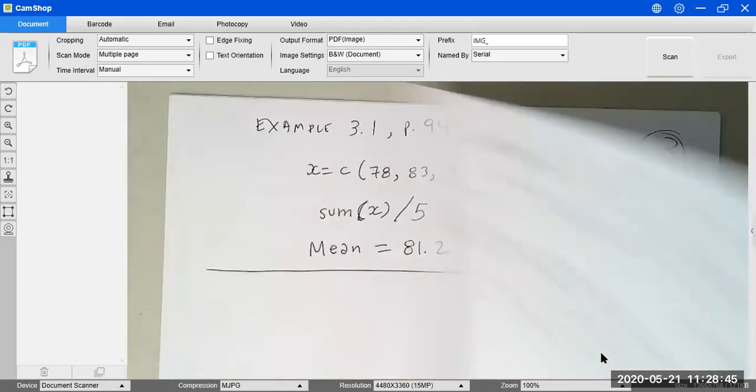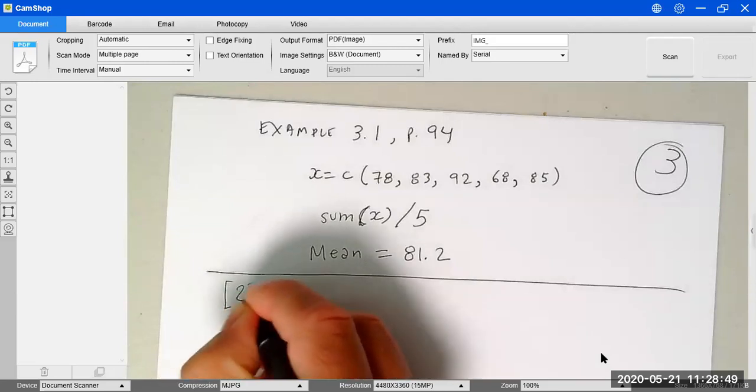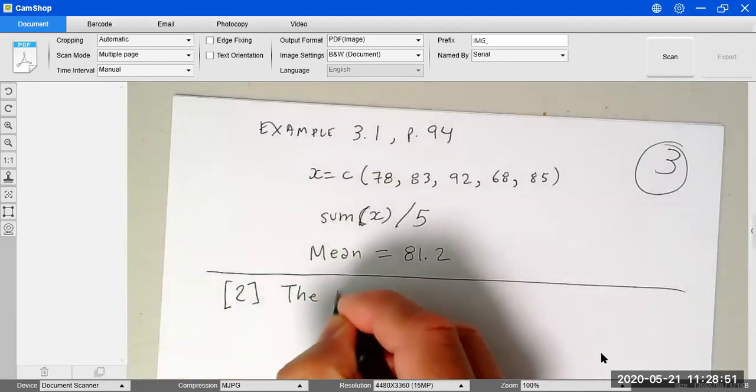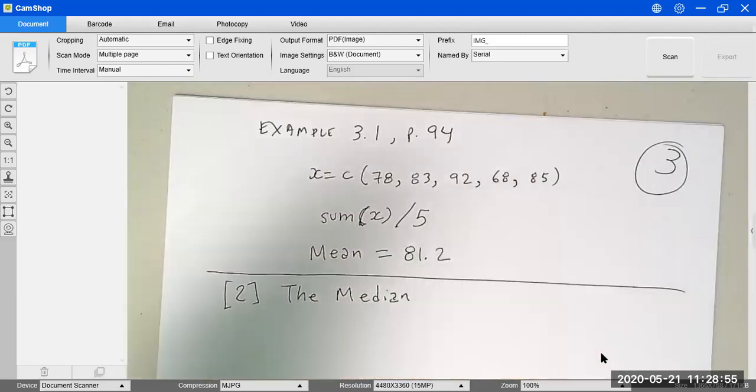And now we're going to have the median. That is going to be the second measure of center. Now what is the median? You might find a definition in the book. So let's see, what is the definition?